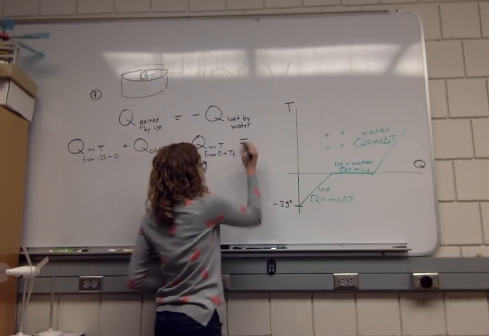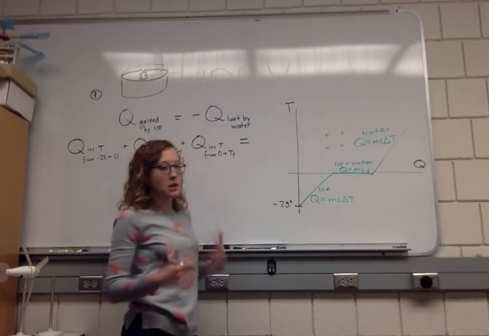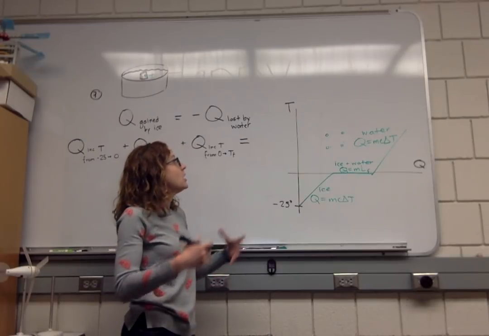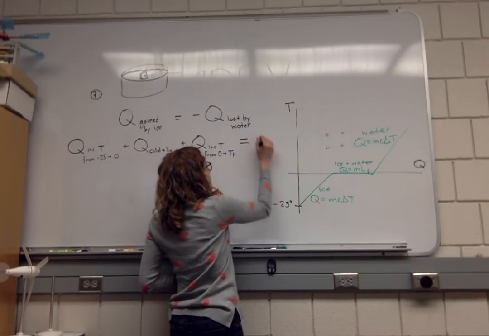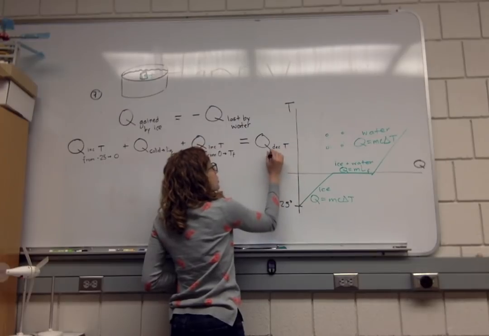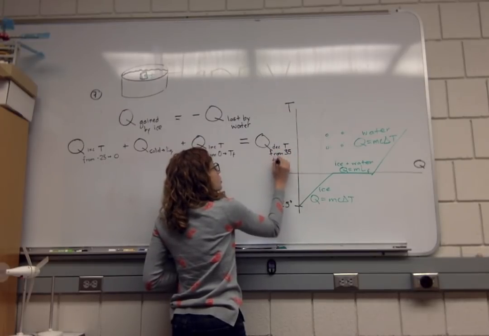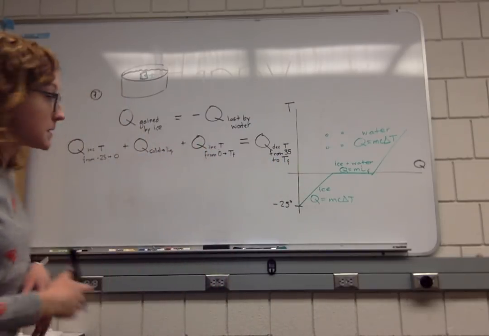Now the water's not losing so much thermal energy that it's turning into ice or anything like that. It's only losing a little bit. It's just going to drop in temperature. So here, this is going to be the Q that decreases the temperature from 35 to whatever this TF is. And I don't know what that is. We're trying to figure out what that TF is.